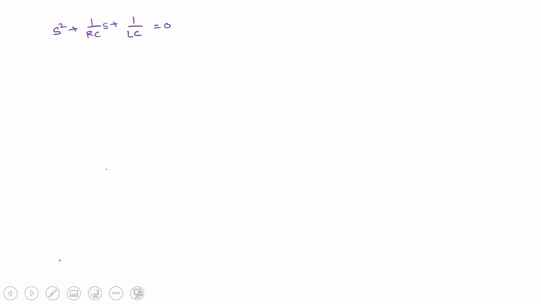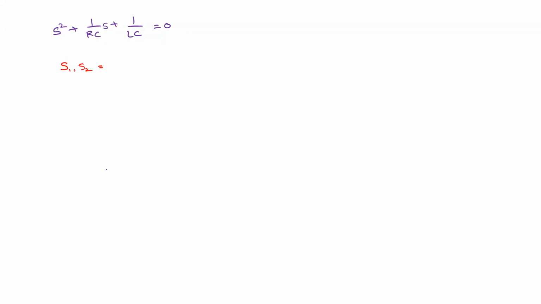All right. So what is the next step? We need to find the roots for this one, right? s1 and s2 are the roots. So how will these s1, s2 look?